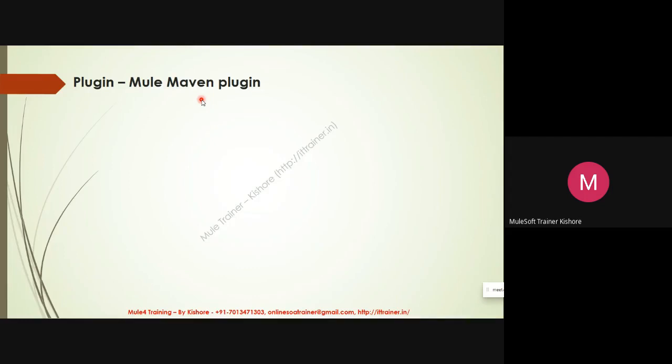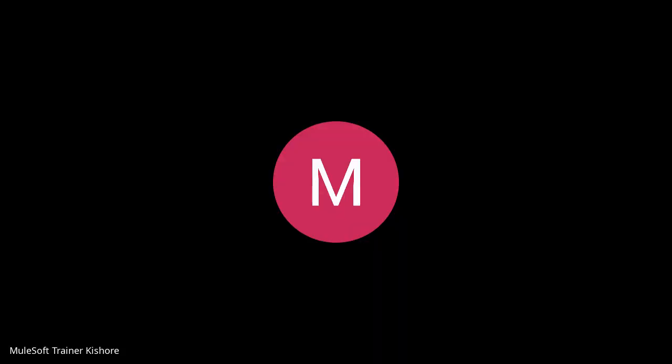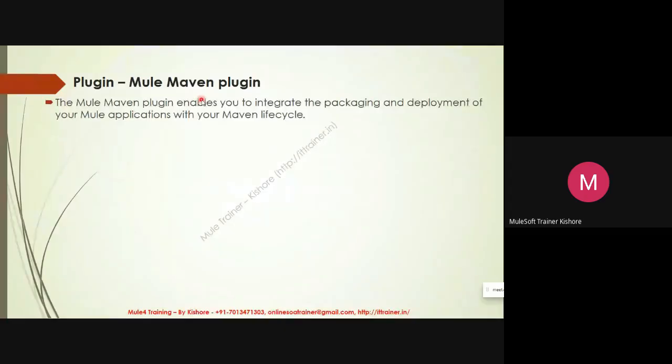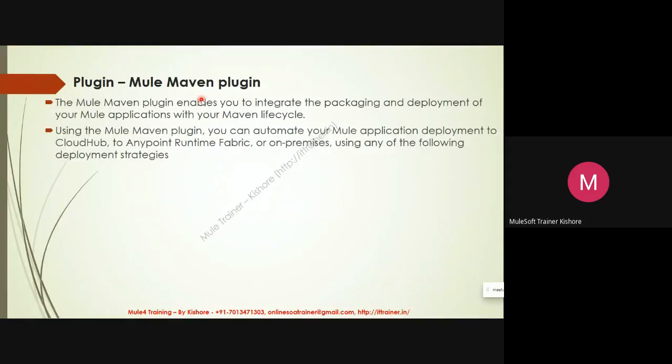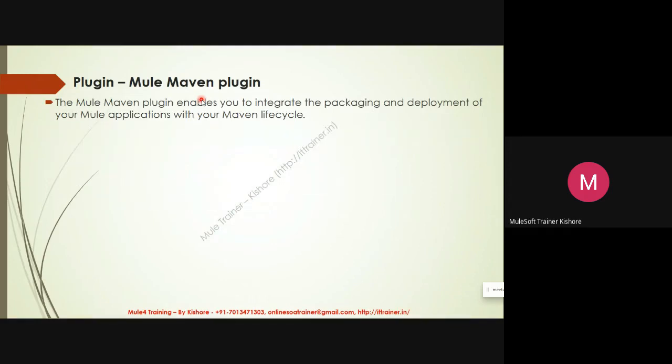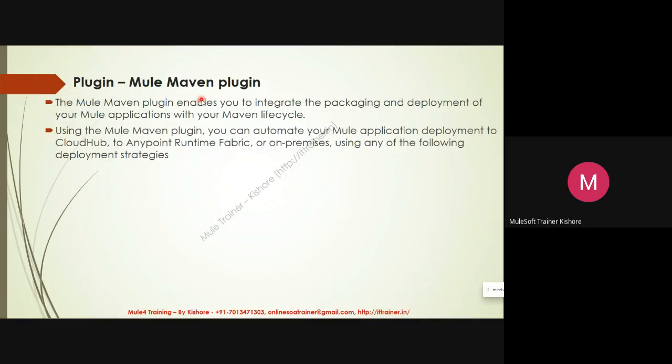You can explore the remaining options that you required to integrate the packaging and deployment of your Mule application within your Mule lifecycle. Using the Mule Maven plugin, you can automate your Mule application deployment to a Cloud Hub, to any runtime fabric, to on-premise, using any of the following deployment strategies.